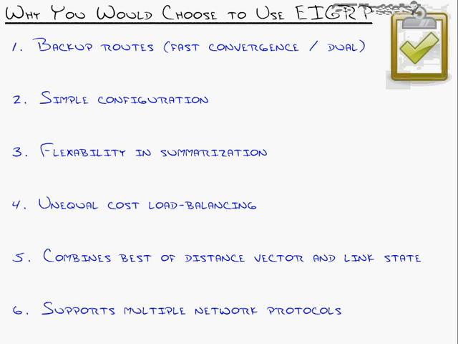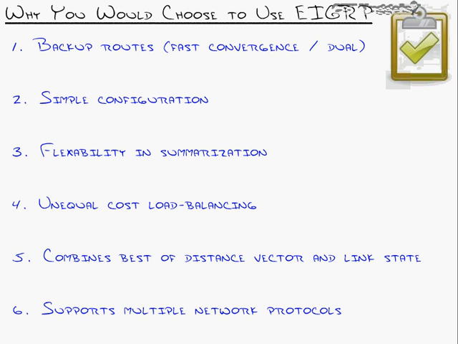Second benefit that I'll see that you get, and second in my list of rankings, is the simple configuration. That's what Cisco tried to do, is combine the best of distance vector and link state. You can see that all the way down there on number 5. But one of the features they took from distance vector was the ease of configuration. Even though EIGRP does just about everything OSPF does, one of the most advanced routing protocols in the world, you wouldn't know it from the configuration.